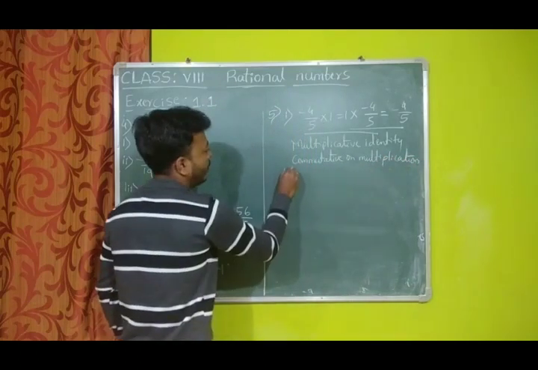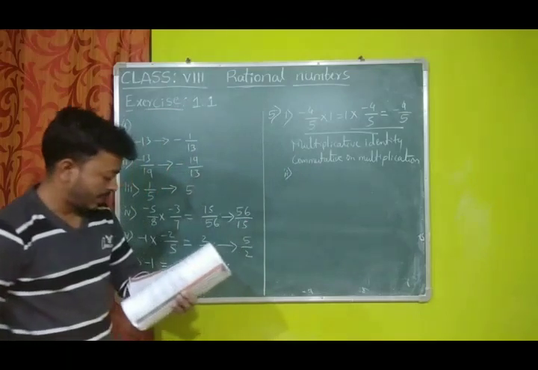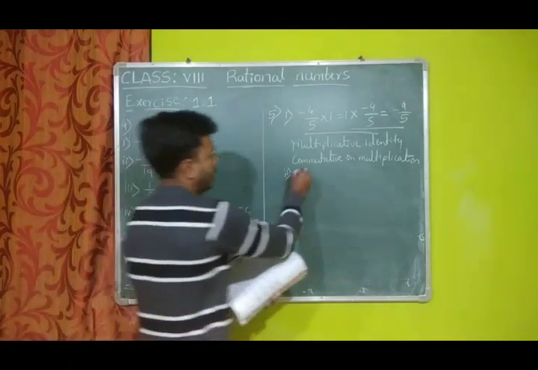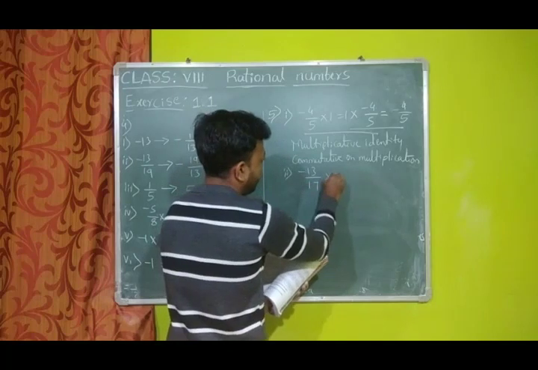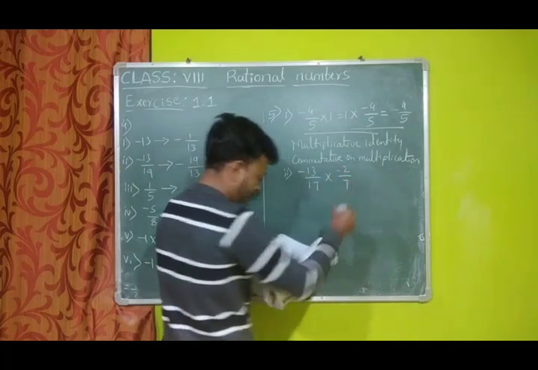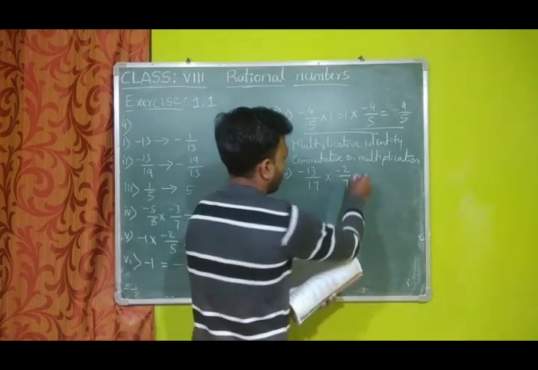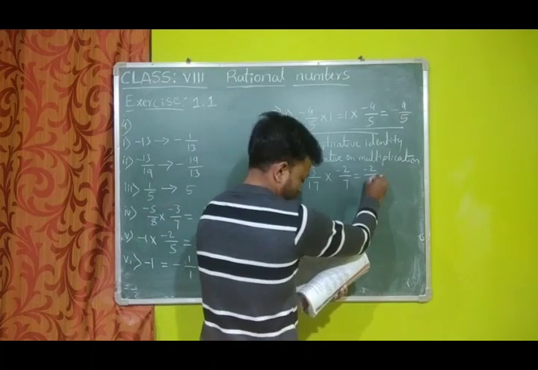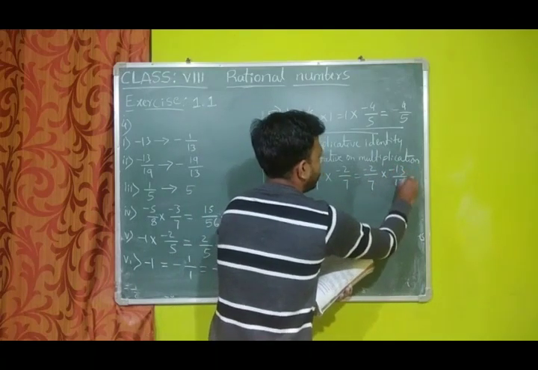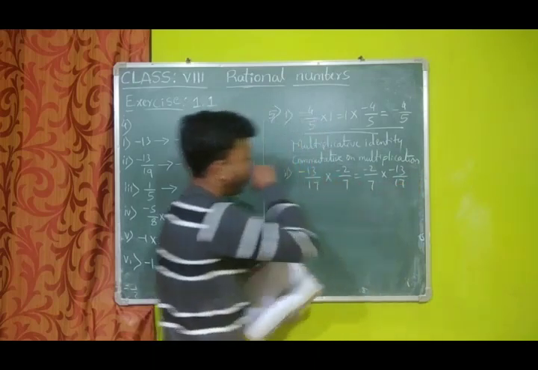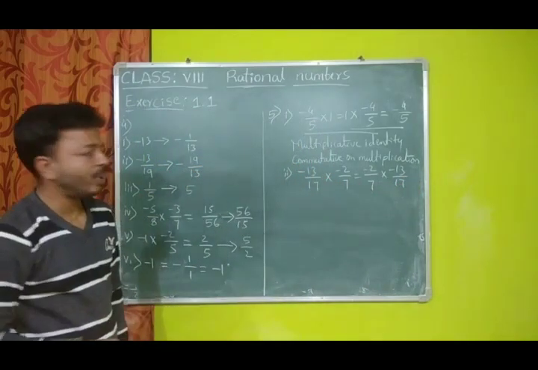Next, second one: minus 13 by 17 multiplied by minus 2 upon 7 equal to minus 2 upon 7 multiplied by minus 13 by 17. Which one?